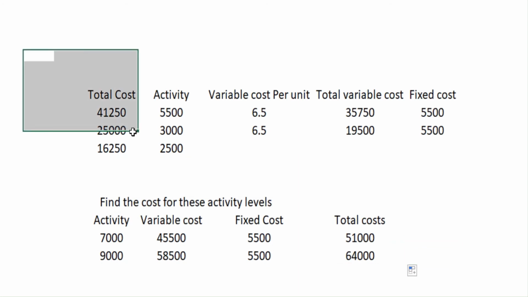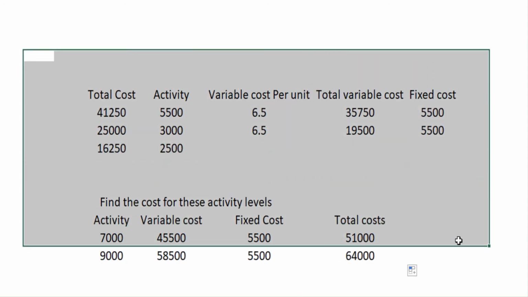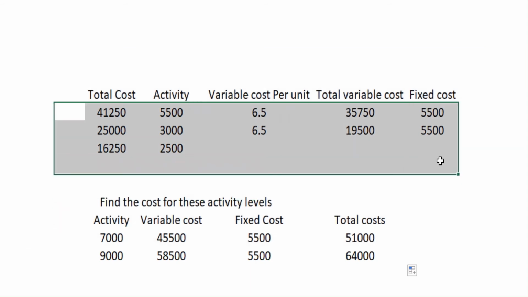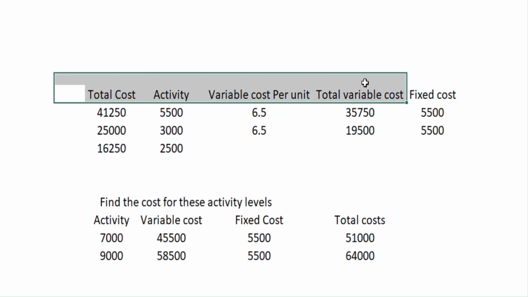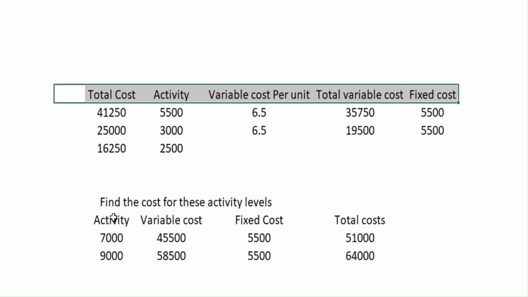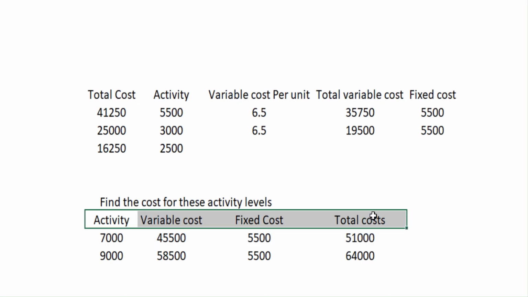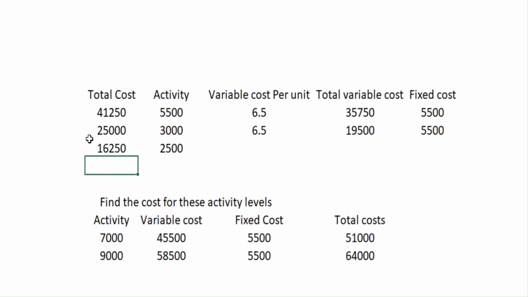Okay, but the key for me in working this out is to write out these blank headings. I start with just these written out, the headings, and then I start filling it in using the questions.